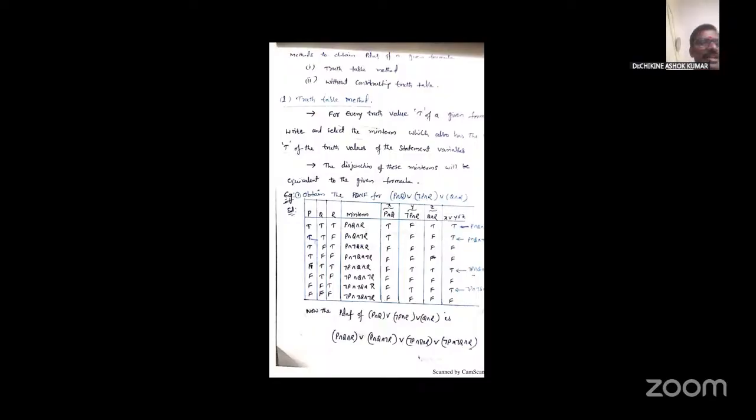With the help of truth tables we can obtain the principal disjunctive normal form, and sometimes without constructing the truth tables we can also obtain the PDNF with the help of equivalence relation formulas. I already gave these formulas in previous classes. Now come to the first.